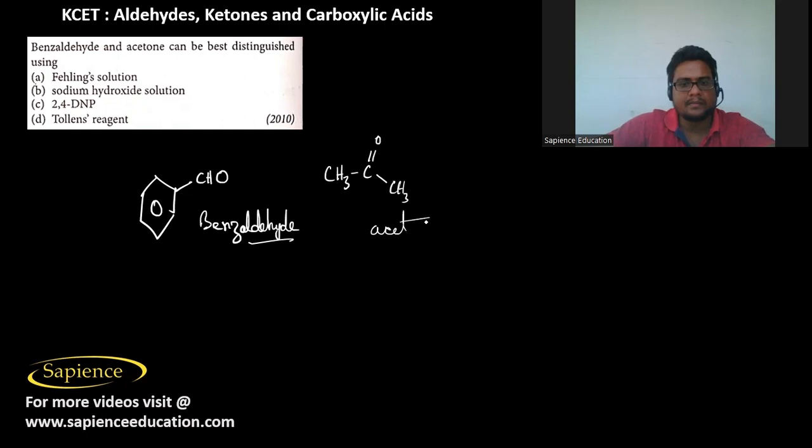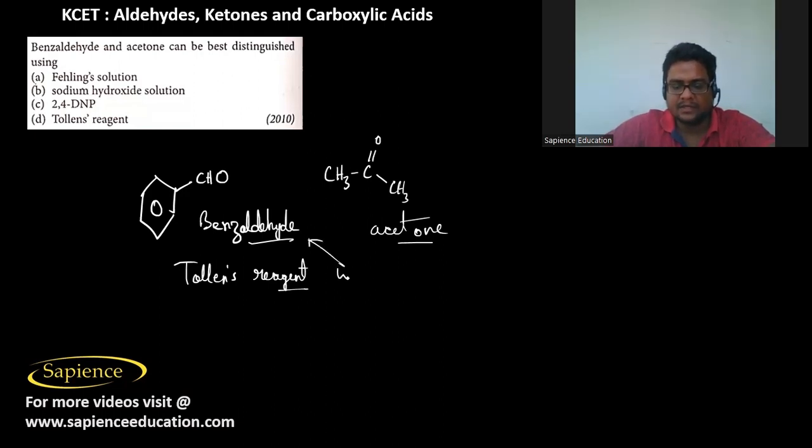So benzaldehyde and acetone can be best distinguished using... so the answer is Tollens reagent. Why? Benzaldehyde is a weak reducing agent.